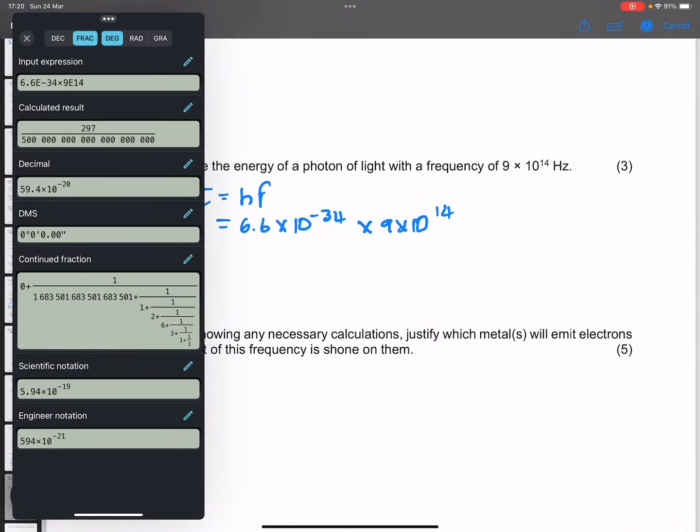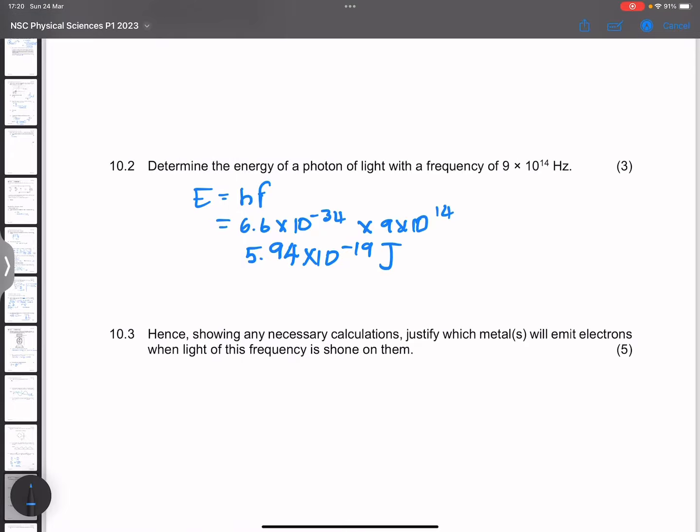That's going to be 5.94 times 10 to the minus 19 joules. So that would be the energy of the photon of that light. 5.94.